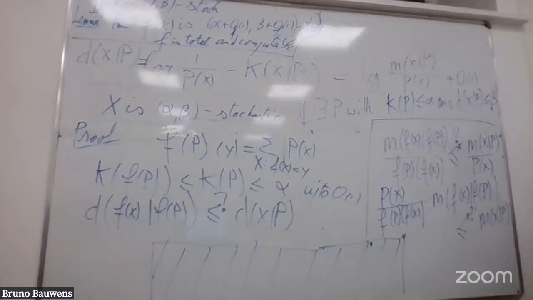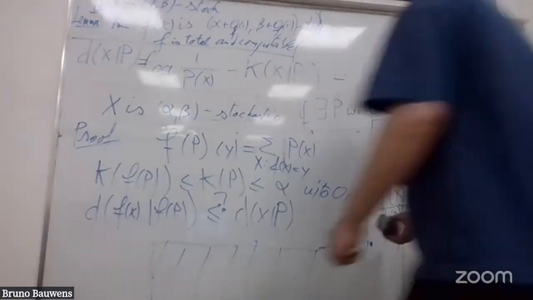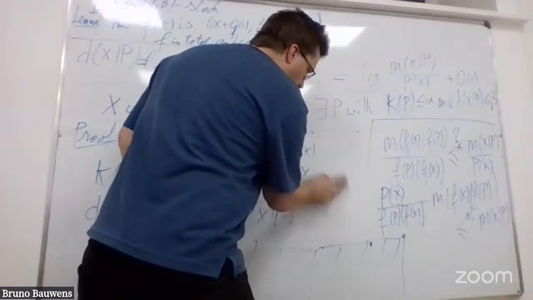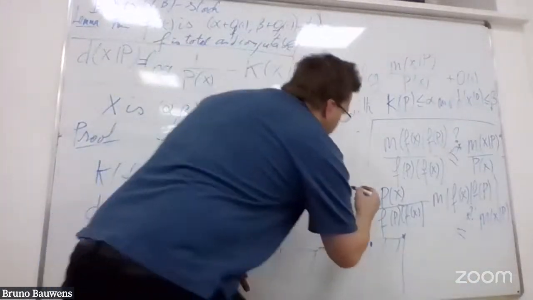Okay, and now I claim that when I sum the left-hand side over all the x's, I will have something bounded by 1. And why is it true? I want to sum here over all x's.